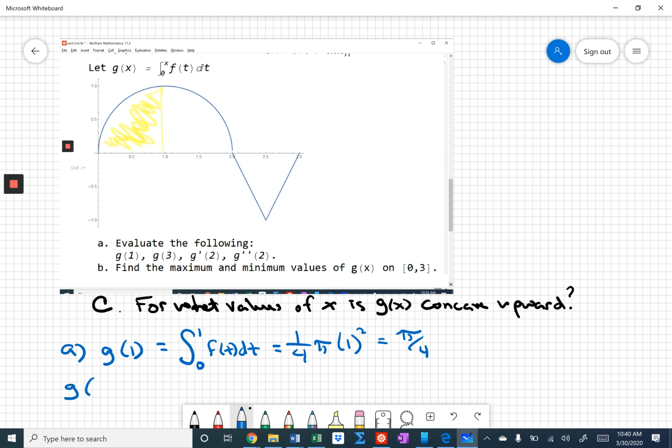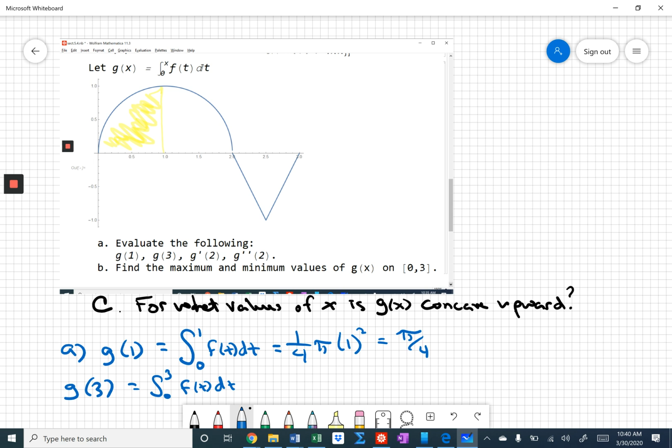G of 3 is the definite integral from 0 to 3 of f of t dt.